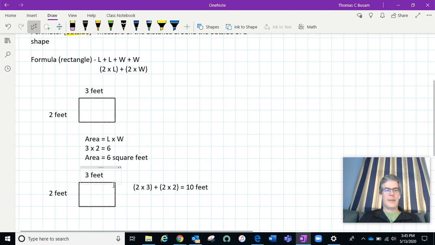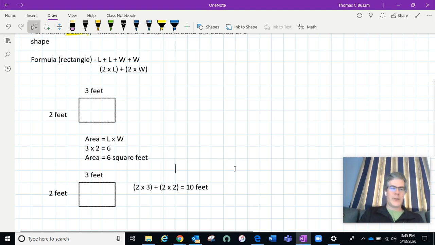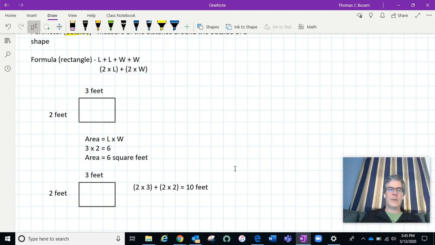This is a rectangle, so we know that this side, even though it's not labeled, is 2 feet because it's equal to this side. Similarly, this side is 3 feet. If you have an irregular shape, they should tell you by labeling the sides. But in all the problems we're working with today, I believe they're all regular rectangles.